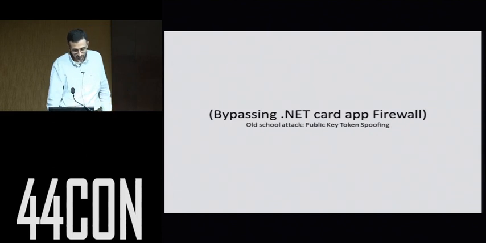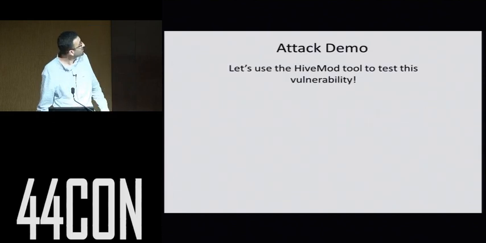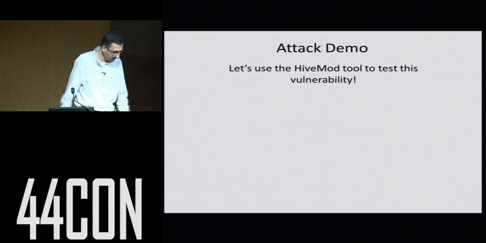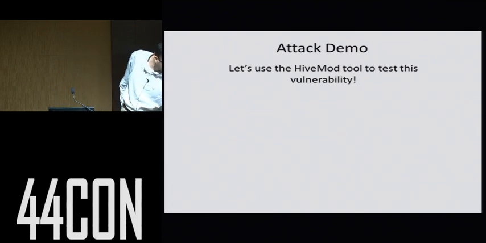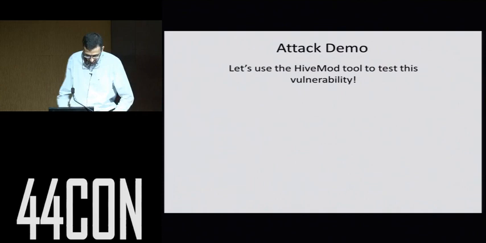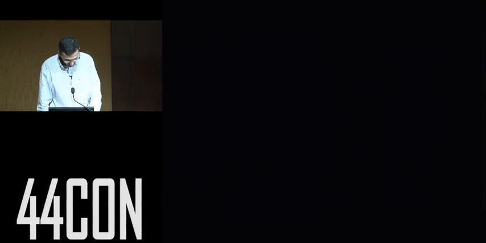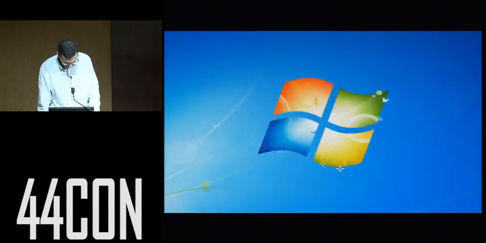So let's use this tool to test for this vulnerability. I prepared a video, but if you're keen to see it in real, I have the reader and the card, but because of the time constraints, I just have to show the video.